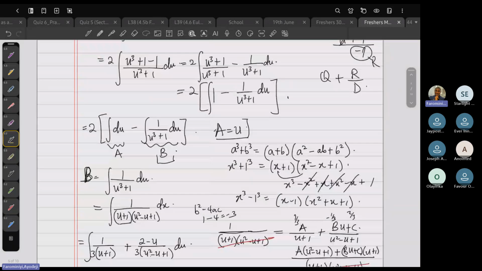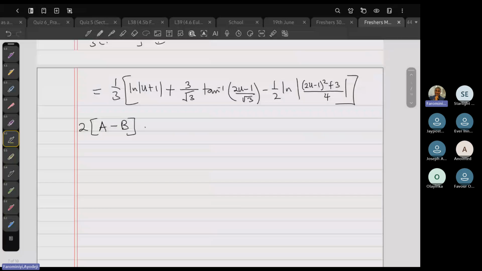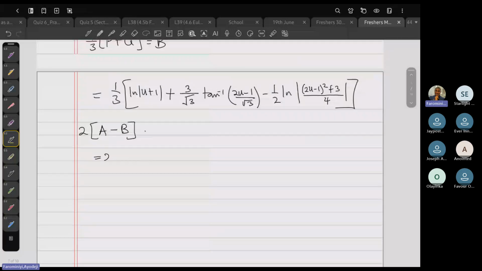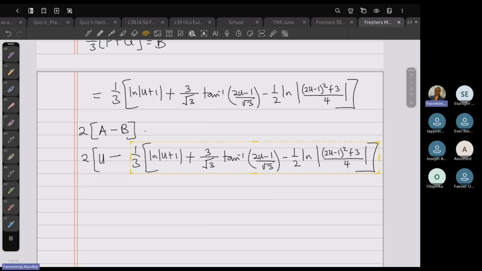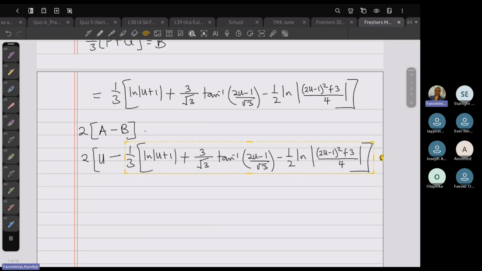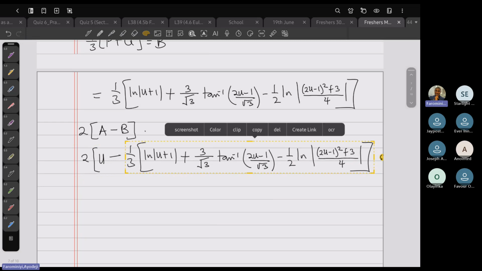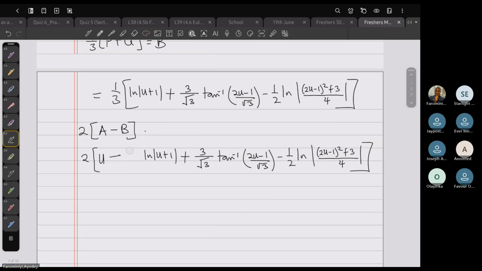So A is just U. So this is 2, so let me leave space. 2 times U minus the whole of B is, copy, paste. So actually, I can multiply through by that 3, 1 over 3 outside. So we can have 1 over 3, then the 3 here will go away, then we'll have 1 over 6 here.